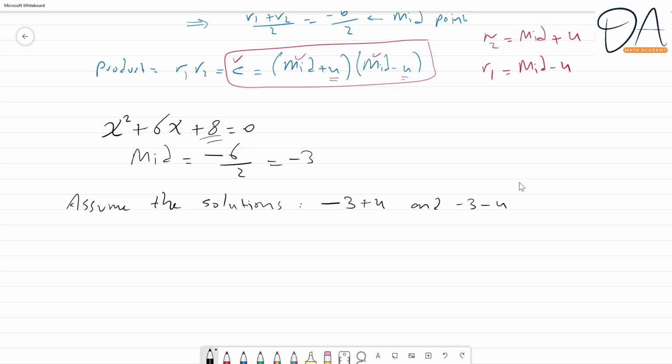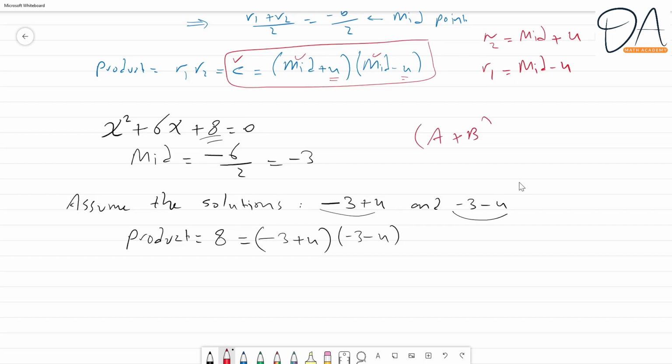The other thing that we know also is the product. The product, as we've seen, is equal to the constant term, which is 8, but also it's equal to the product of these. So it will be minus 3 plus u times minus 3 minus u. Recall that whenever you have a plus b times a minus b, this simply means a squared minus b squared.